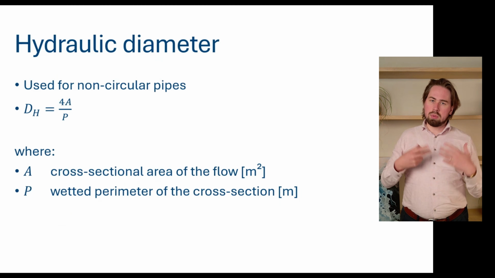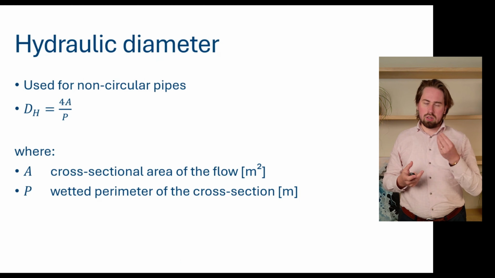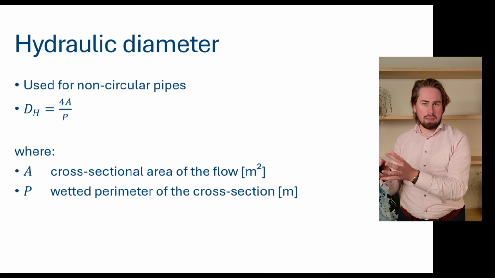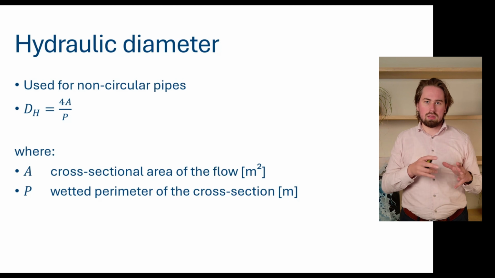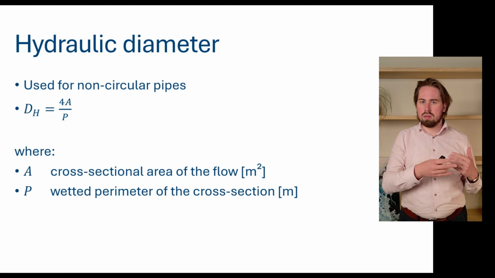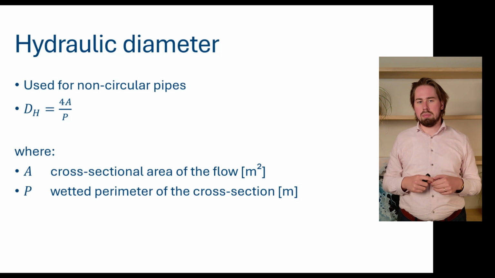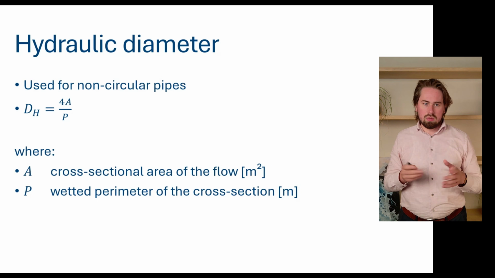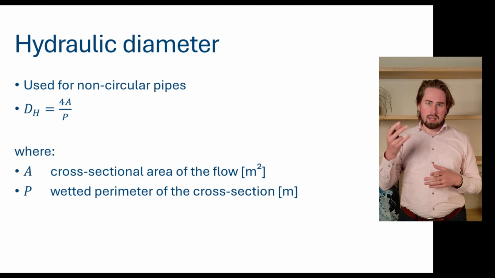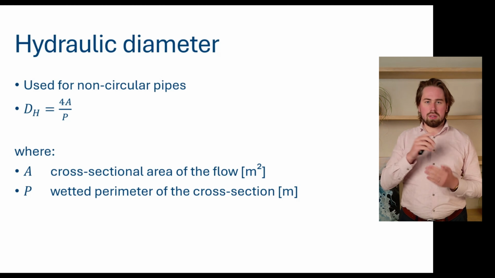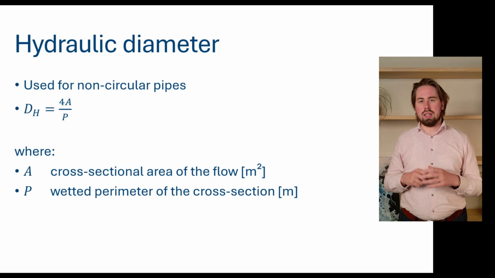The concept of the hydraulic diameter is used to find an equivalent diameter for a circular pipe that more or less has the same fluid dynamic behavior as the irregular shape. And this hydraulic diameter is defined as 4 times the cross-sectional area of the pipe divided by the wetted perimeter. So the perimeter around this area.